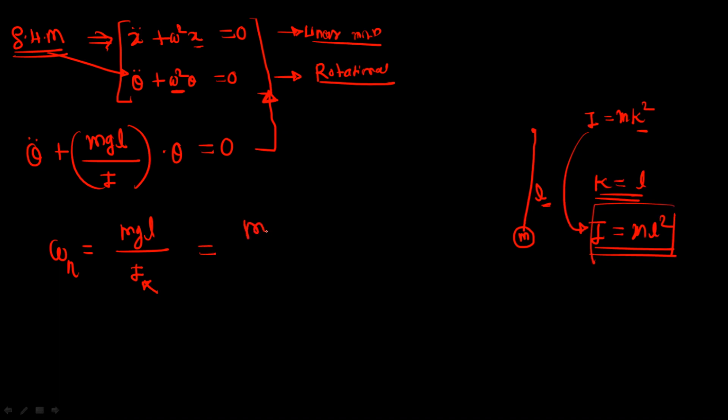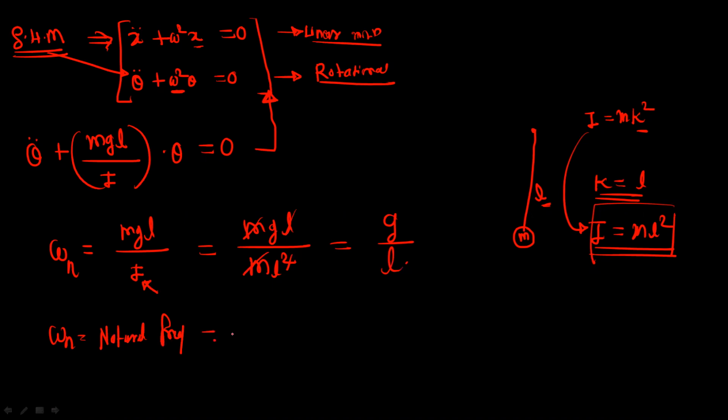So we will get mgl upon m l square. So we can cancel out this. So the remaining value is g upon l. So omega n, that is the natural frequency, for a simple pendulum, this is equal to, sorry, this is omega n square.